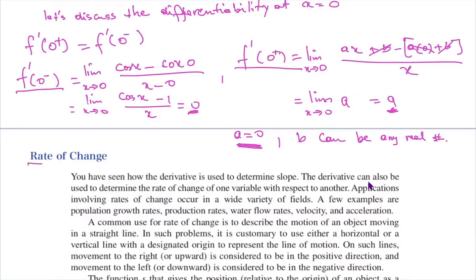We're going to cover the rate of change in class with the lesson that we previously intended to cover, so we're not going to cover rate of change in this video.